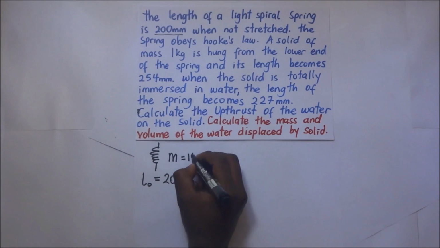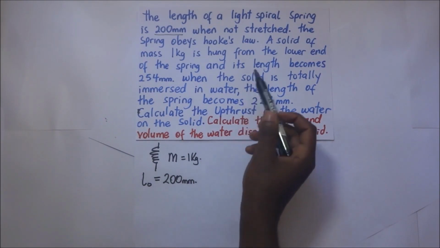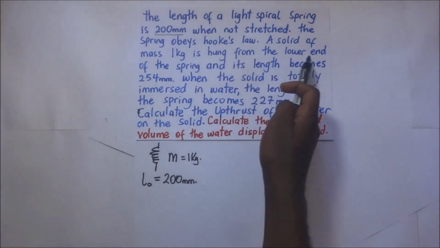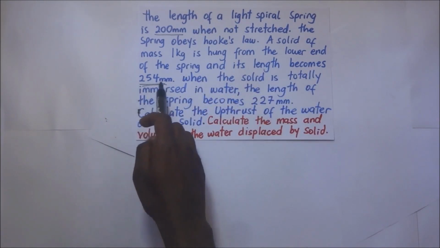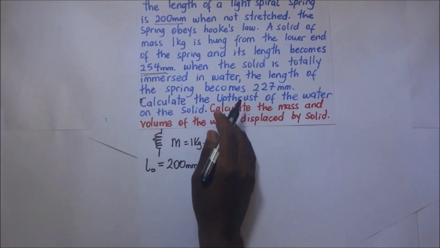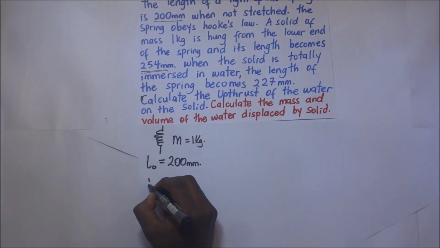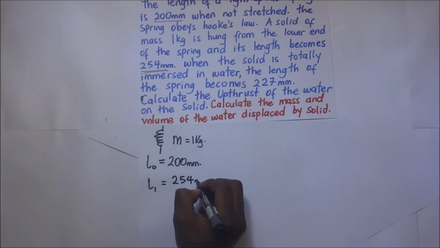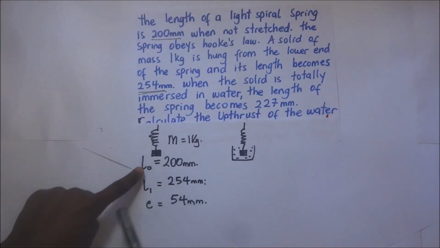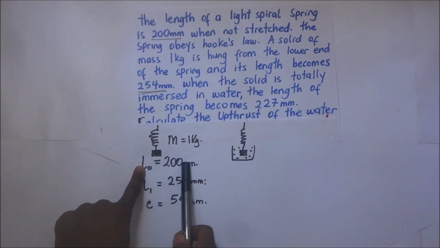A solid of mass 1 kilogram is hung from the lower end of the spring and its length becomes 254 millimeters. So when this mass is hung, its length, let's call it L1, becomes 254 millimeters.